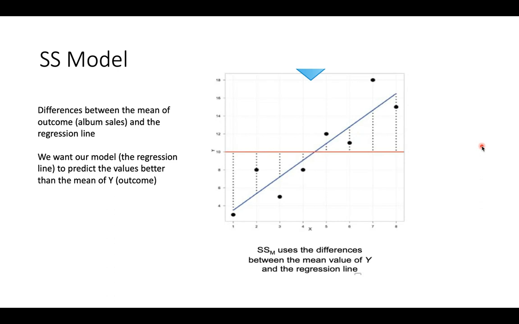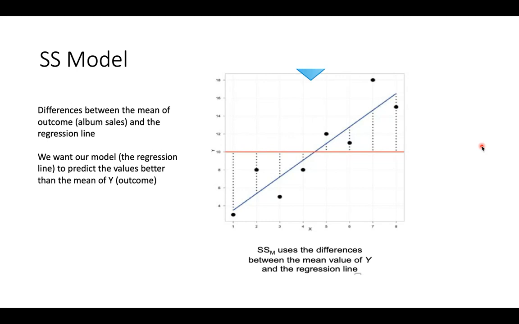If I just guessed 100,000 every time, because that's the average, and I did better than your regression equation, then your regression equation is useless, right? Your predictor is useless, because just guessing the average is better than your attempt at prediction using another variable, which is advertising dollars.